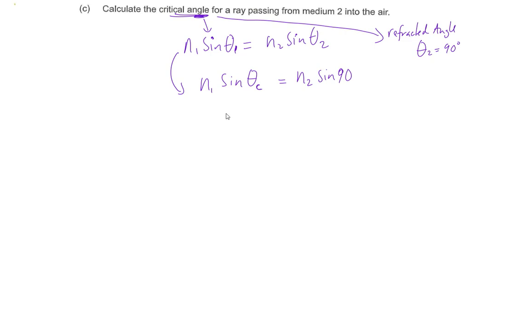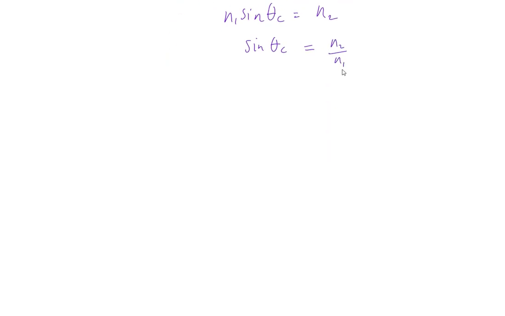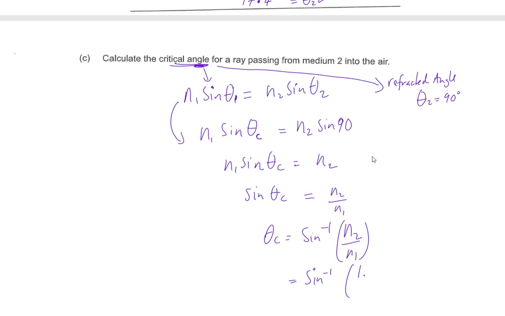So therefore, sine 90 is just 1. You guys know this already. And then rearrange for sine critical angle, and then sine inverse n2 over n1. Let's have a look where we are going.